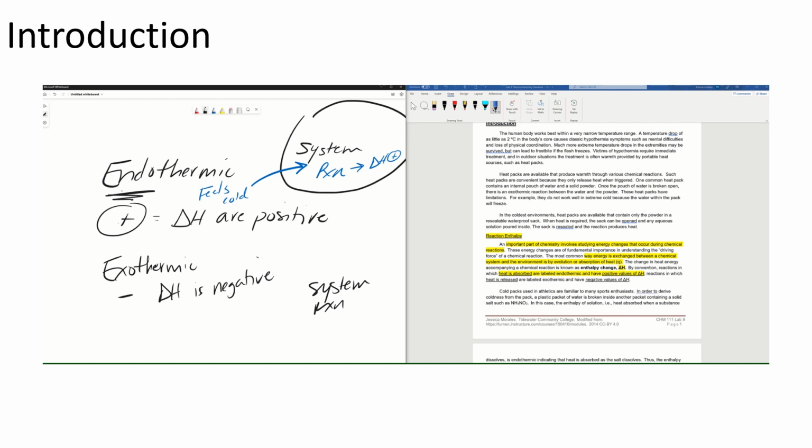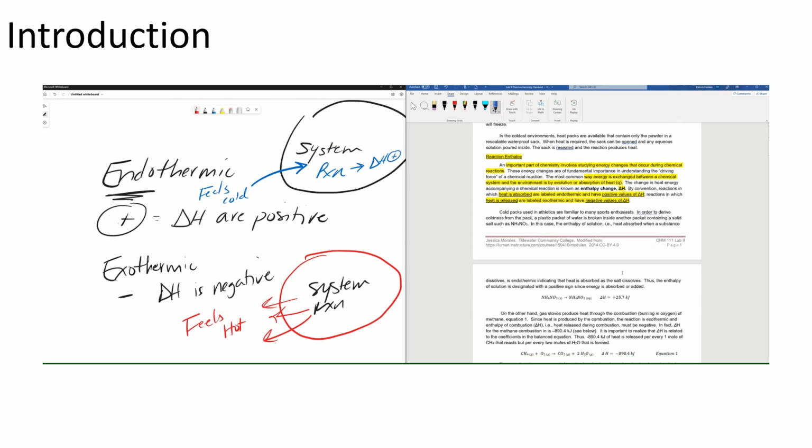And for this reaction now, it's giving off heat, giving energy out of the system, and that energy is going to the surroundings. Because that heat is leaving the system and going to the surroundings, it feels hot when we touch it. So heat is released, that is an exothermic reaction. We label that exothermic, and it has negative values of delta H.